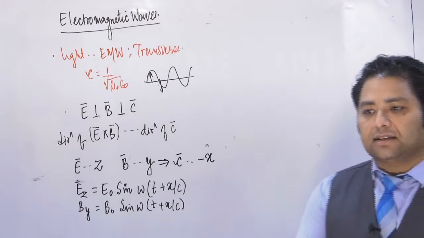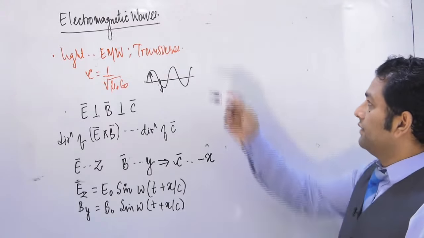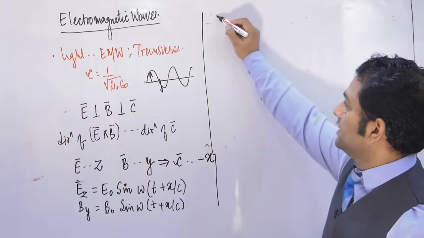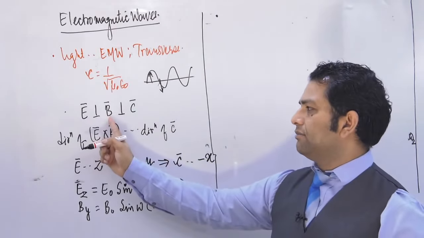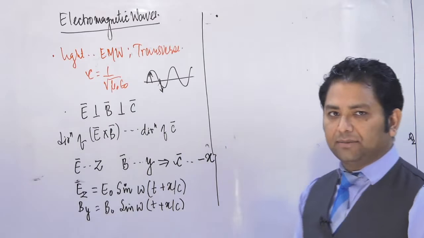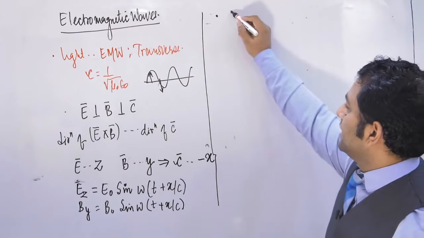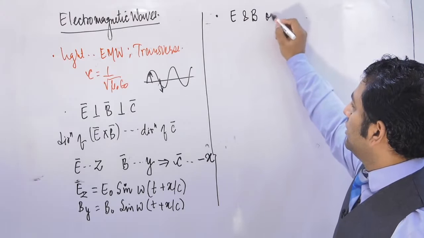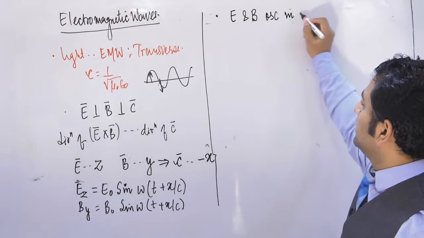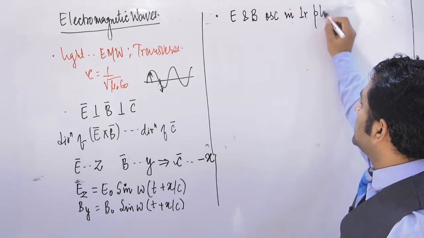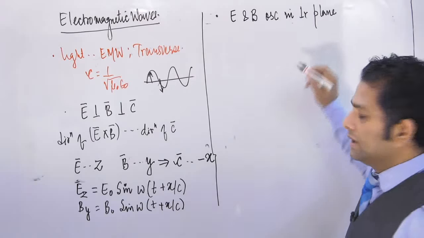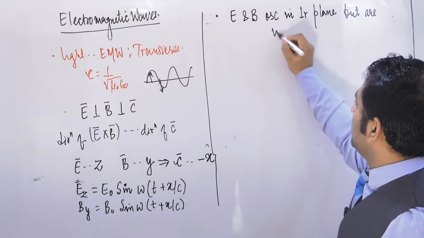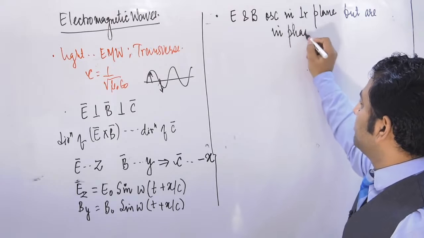This is another characteristic of electromagnetic waves. You saw that E is perpendicular to B, and that electric field and magnetic field oscillate in perpendicular planes, which is very much known, but they are in phase. Now this is very, very important.